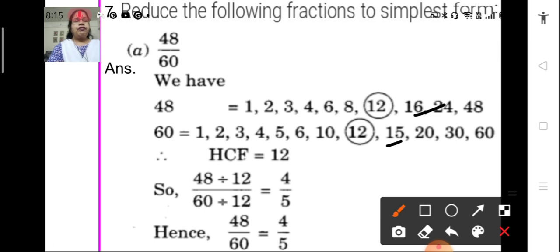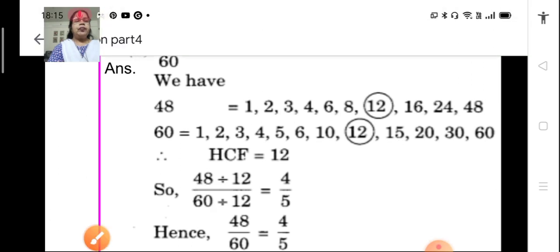Now we divide the numerator and the denominator by 12, since the HCF is 12. And what do we get? 48 divided by 12 we get 4, and 60 divided by 12 we get 5. So what is the simplest form of the fraction 48 upon 60? It is 4 upon 5.